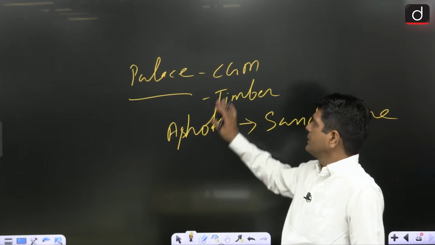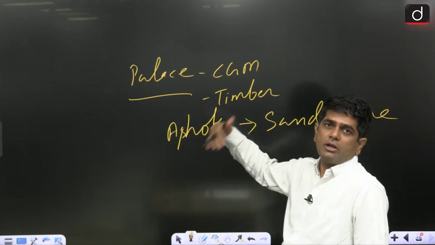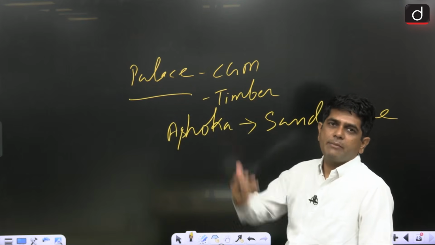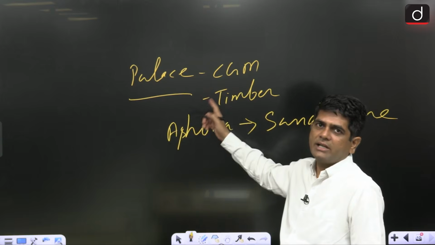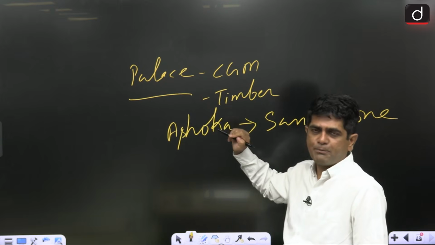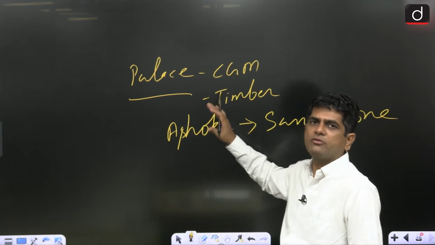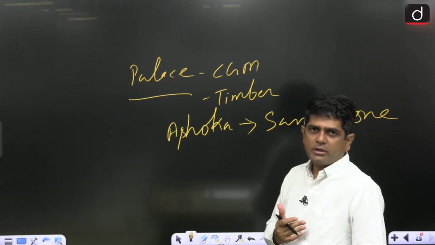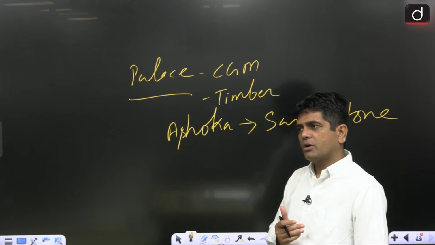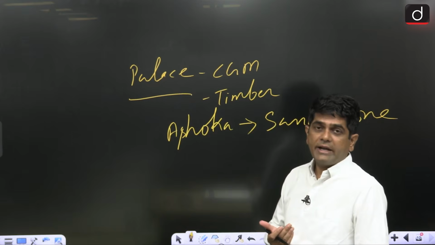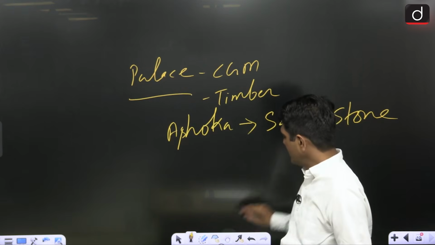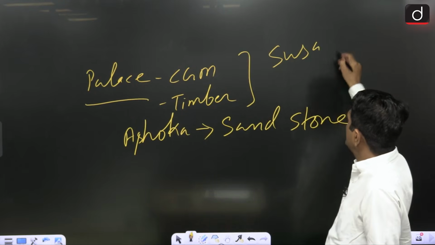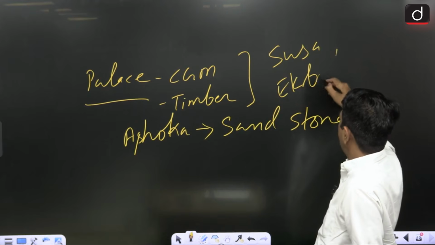Clear? Now, I think you all might be aware, you already have studied about the Greek ambassador Megasthenes, who reached the court of Chandragupta Maurya. He saw this beautiful palace of Patliputra, and he wrote in his book Indica that the palace of Patliputra is far better, far superior than the palace of Susa and Ekbatana.